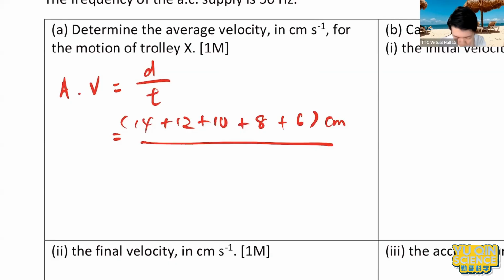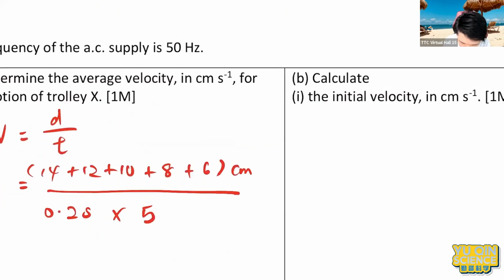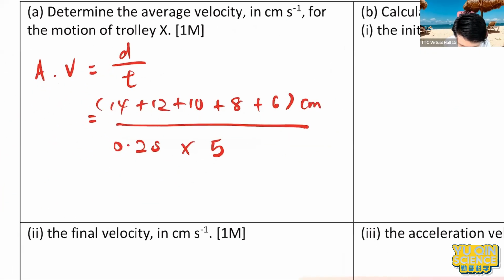One strip is 0.2 second times how many strips do we have? 5 strips, isn't it? We have 5 strips. Okay, take your calculator, everybody, and do your magic.